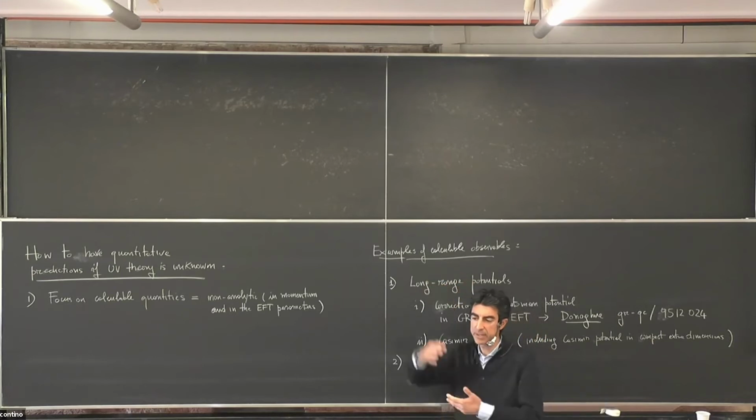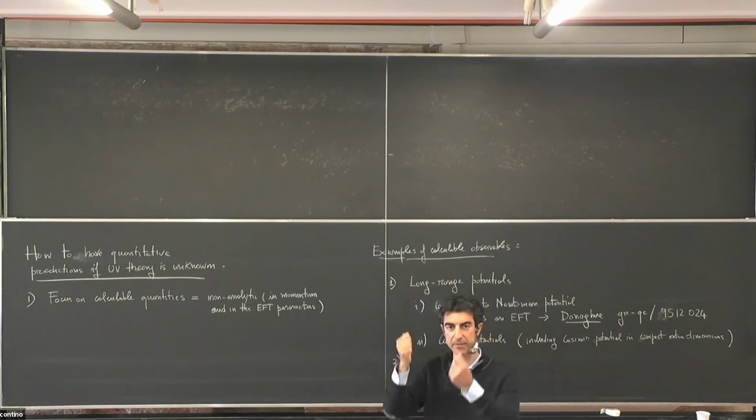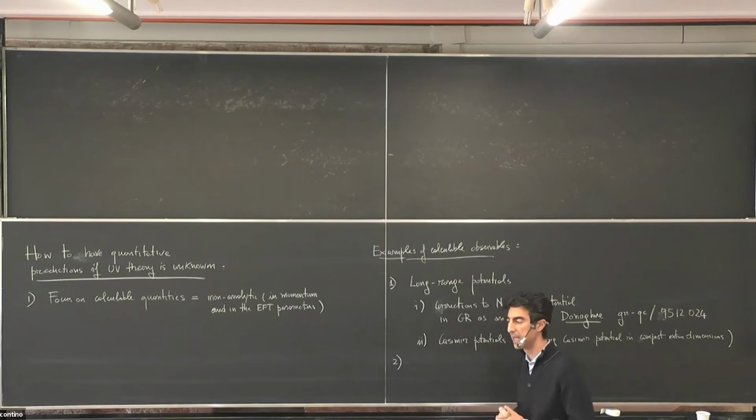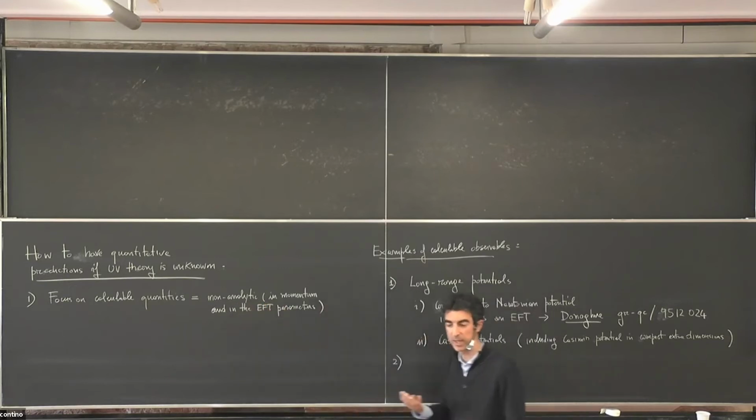Of course, eventually there will be corrections at a very high scale, but the running itself is something that you can compute, because it's non-analytic in momentum. It's just a logarithmic evolution of your couplings.